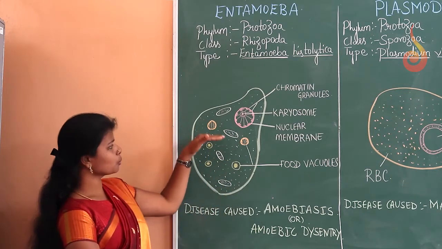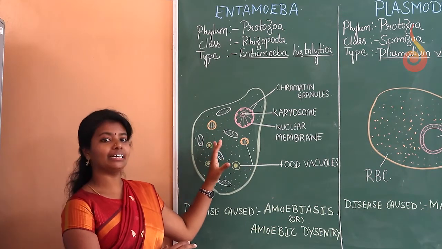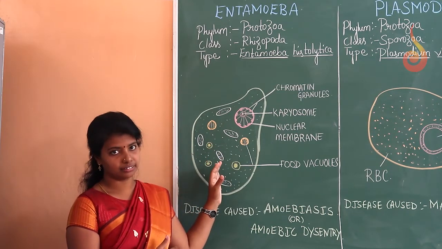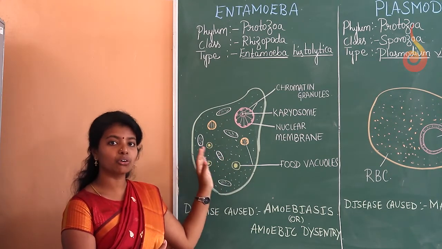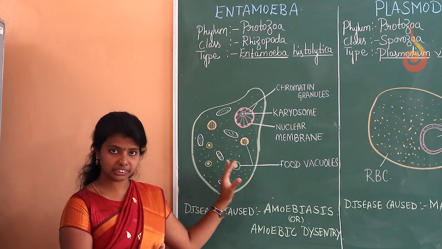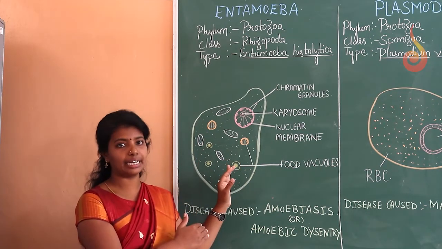Now coming to the Entamoeba, this is actually one of the stages of the Entamoeba life cycle. This stage is called the trophozoite stage, and this is the infectious stage, and in this stage we can diagnose the Entamoeba.